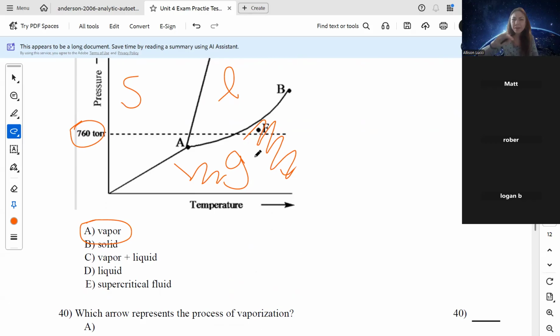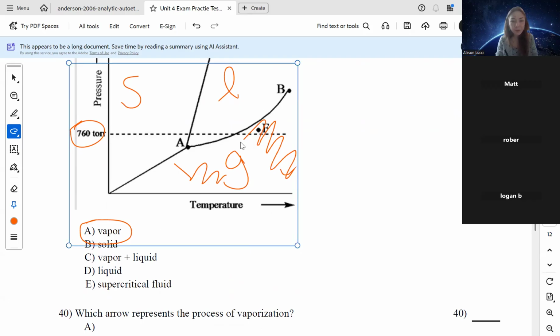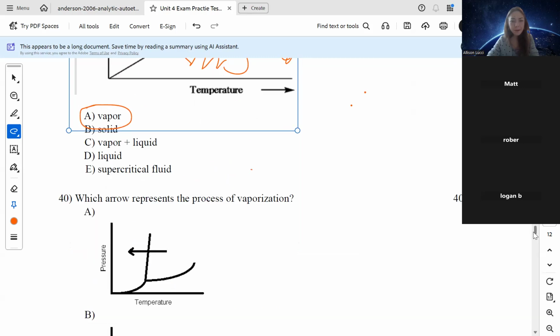It's not on that border, not on that line. So we wouldn't say that it's vapor and liquid. But if it was on that actual phase line, then we would see both vapor and liquid. But since it's only in the gaseous section, we would say just vapor.